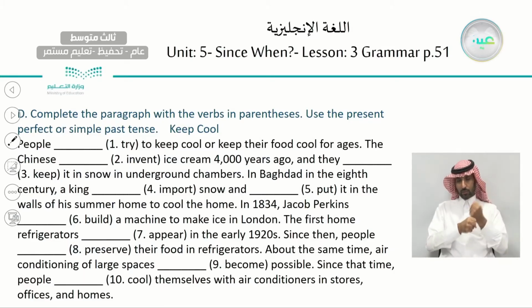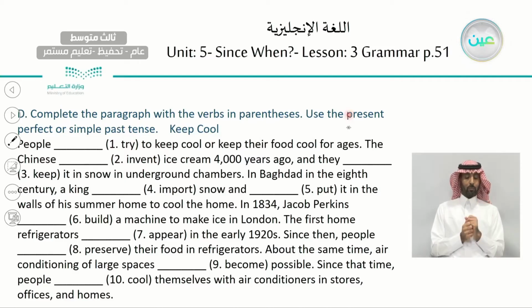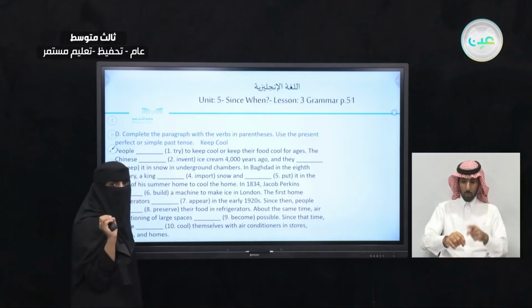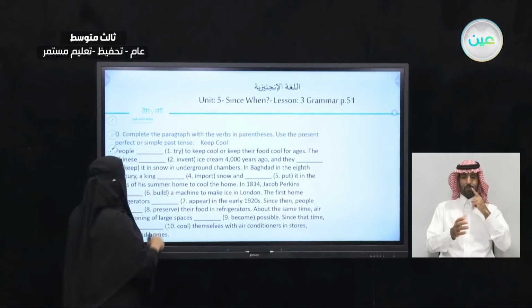Let's look at the exercise on page 51. Page 51, please. Exercise D. Complete the paragraph with verbs in parentheses. So you have verbs between brackets here, okay? You have to use either the present perfect form or the simple past form. It depends on the sentence. Read the sentence. If you see a specific time, then you use the past simple. If you can't see the time, then you use the present perfect, okay?